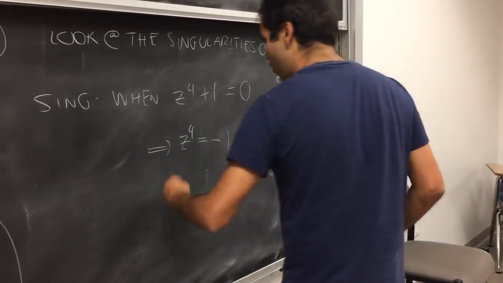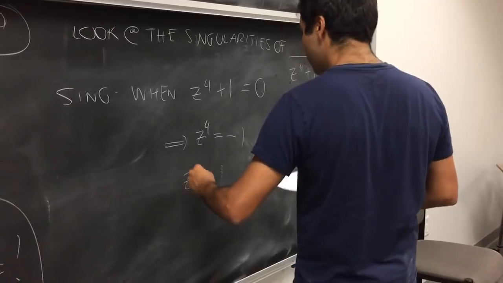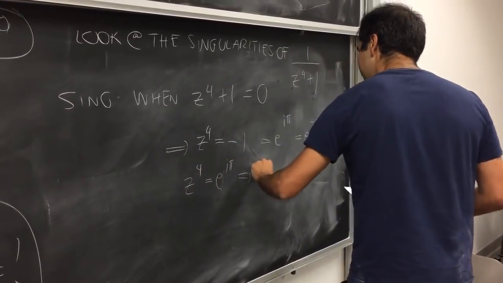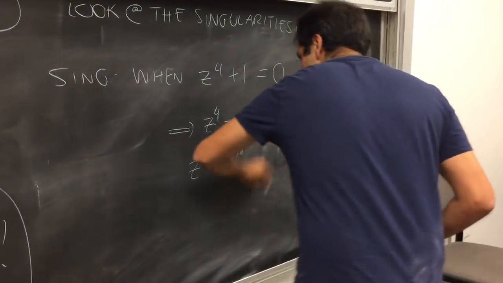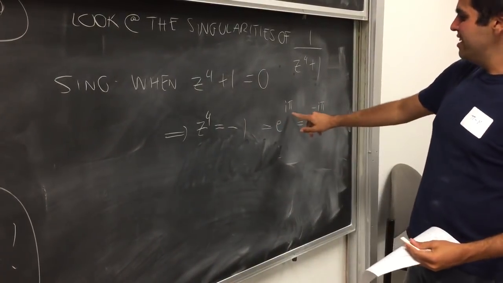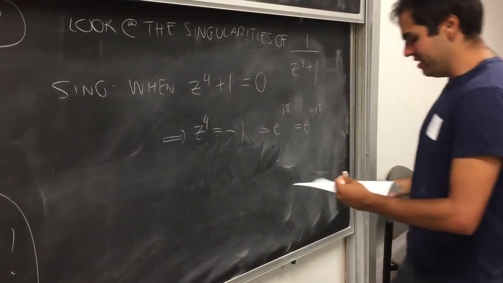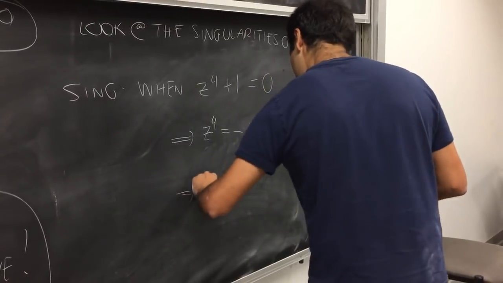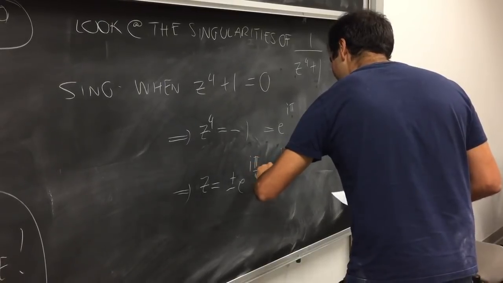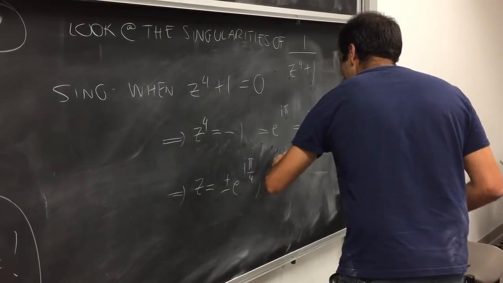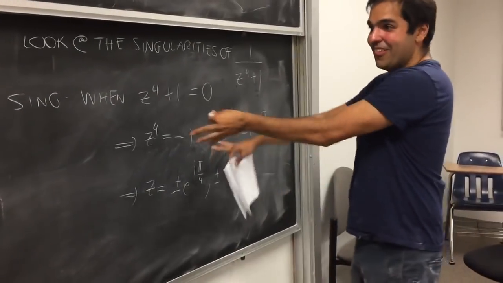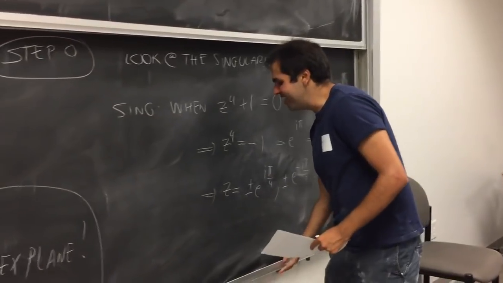So since z to the 4th equals e to the i pi, that gives us z is plus or minus e to the i pi over 4 and plus or minus e to the minus i pi over 4. Someone else can maybe show that.